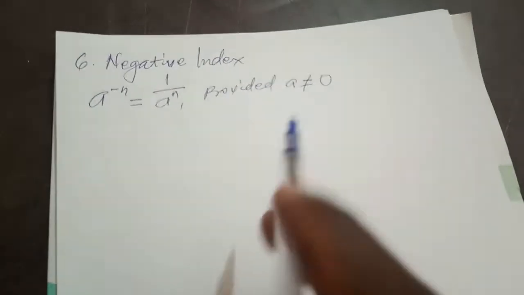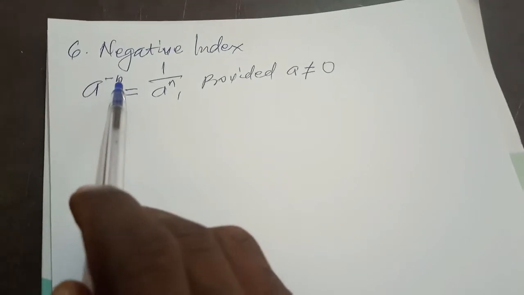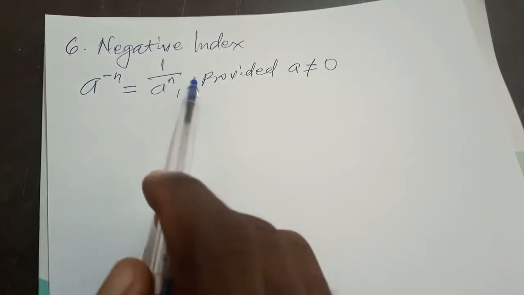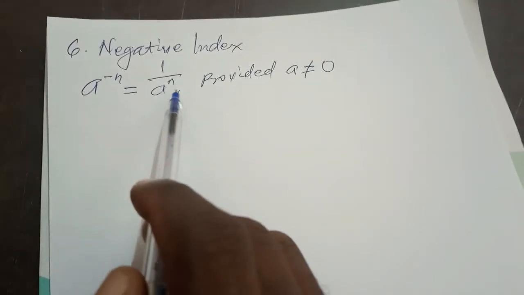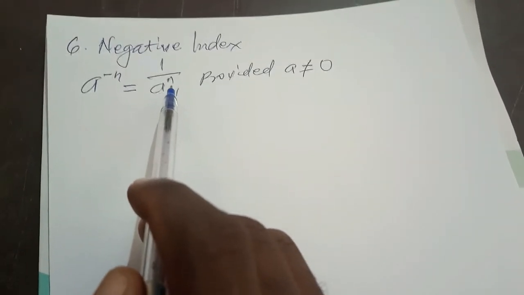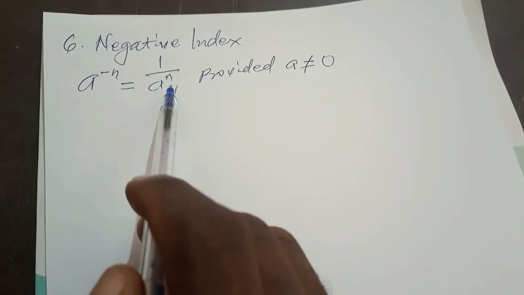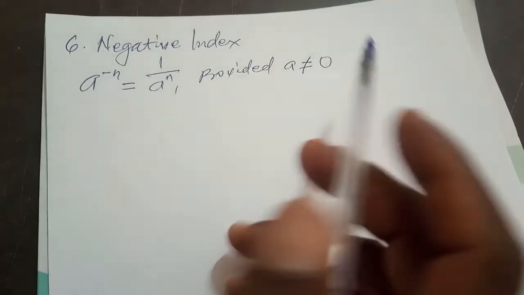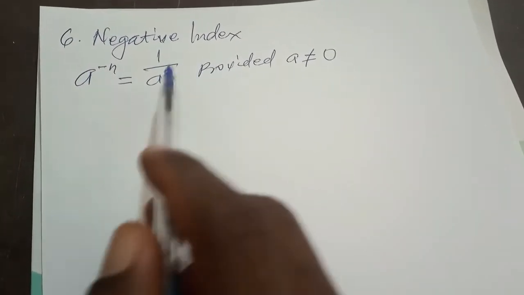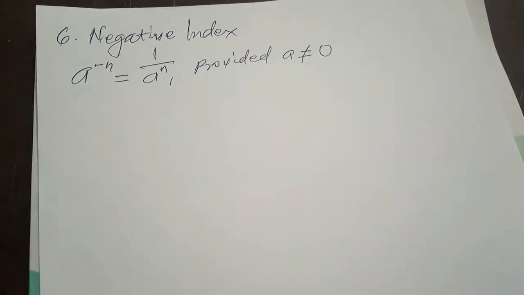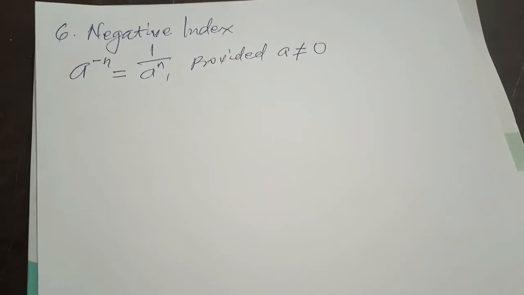So as you can see, the exponent here is negative n. It has become the reciprocal, meaning 1 over the same thing, but only that this time the exponent is positive and not negative. And that number must not be 0, because any number over 0 is undefined. It doesn't make complete sense.